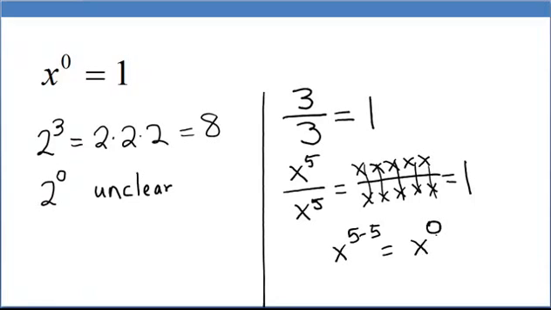We want that to be defined as the real answer to this problem, which we know is 1. So this is kind of where this definition comes from. It shows up because 5 minus 5 gives us the 0, but we know this is equal to 1. Now, this was just to help you understand. What you have to know is how to apply this definition.